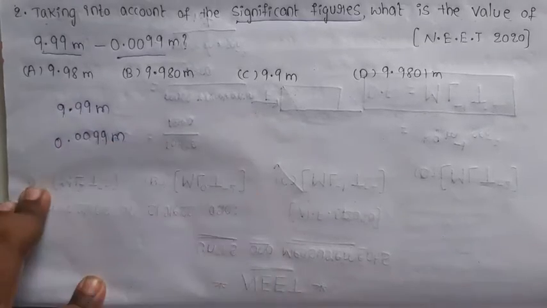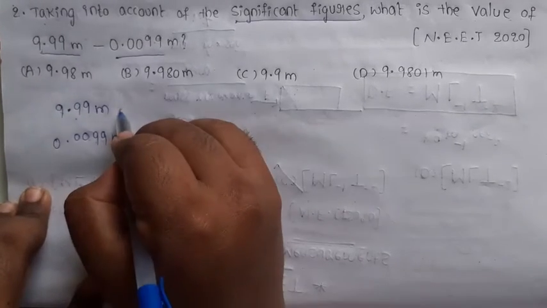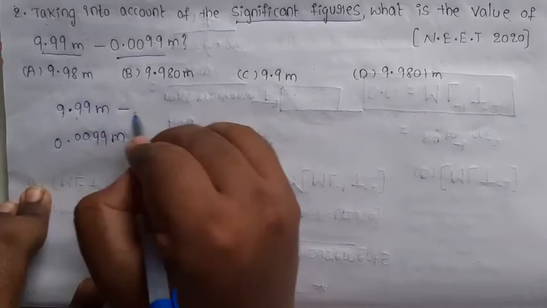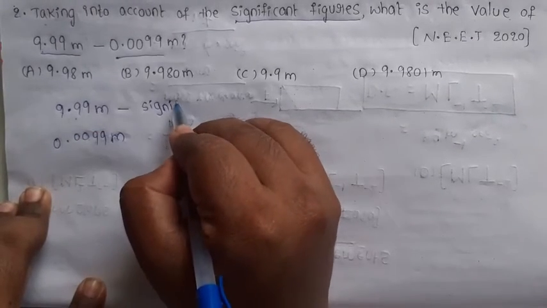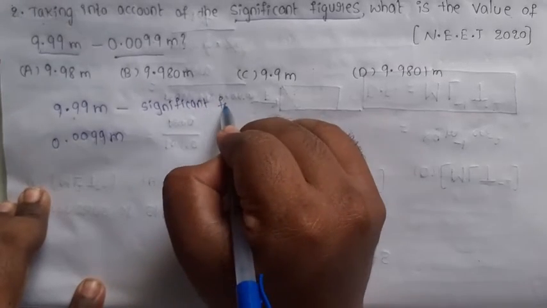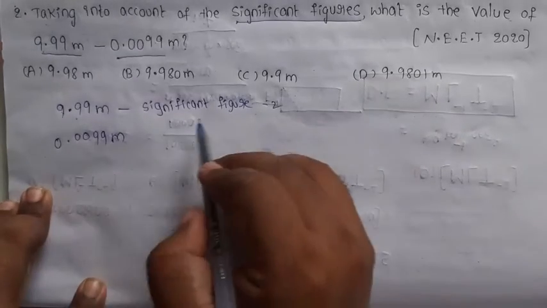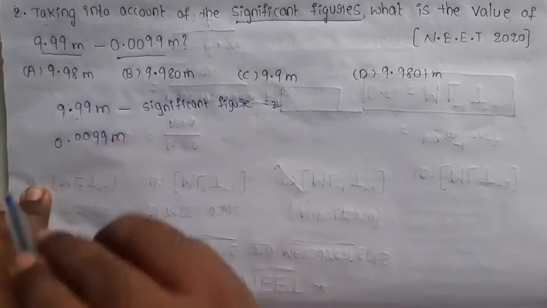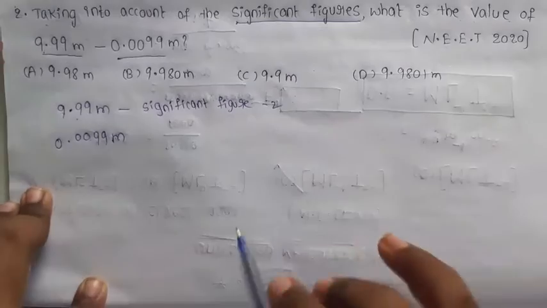After the point, how many decimals are there? That is the significant figure. So its significant figure is 2. Here there is no zero value. If there is no zero value, we can easily proceed.